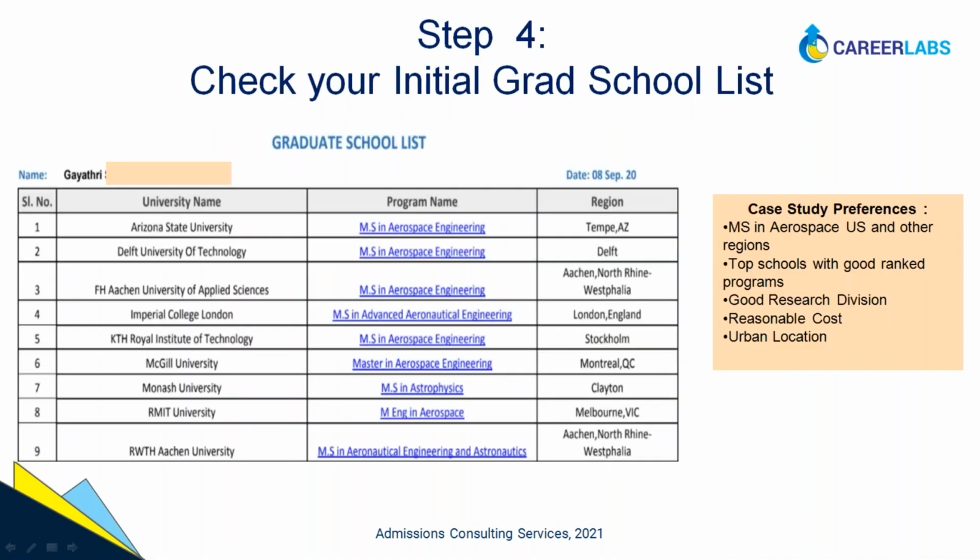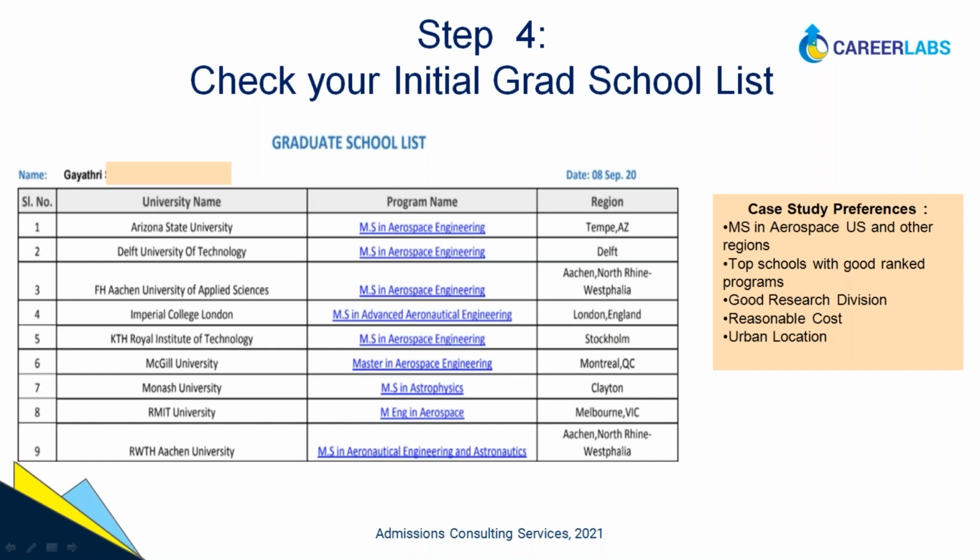Depending on some of the things, here's an example of the preferences that were listed. Do not worry if you have already signed up for the admissions consulting. You'll be getting the initial school list from us based on your preferences, and we'll be sending out a form to get the preferences from you.